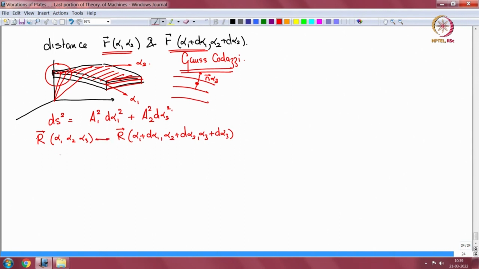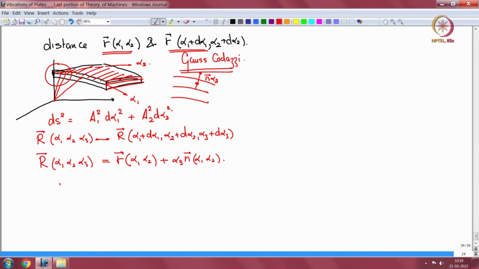Okay. So, we can write R, the big R, in terms of our small r, which is on the middle surface alpha 1 alpha 2, plus we move alpha 3 distance into the material in the direction of the local normal, which also depends on alpha 1 alpha 2.